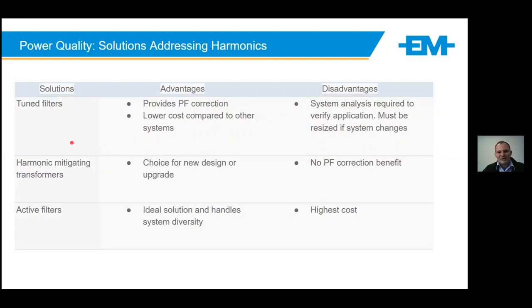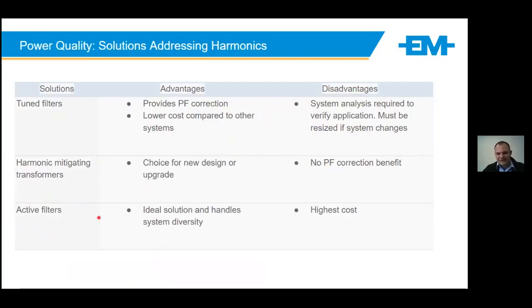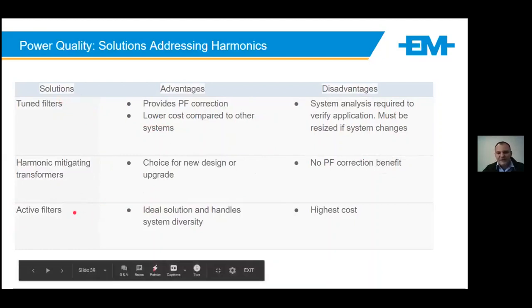Then there are harmonic mitigation transformers, which would be in new designs, with no power factor correction benefits. And then what we're pushing more and more is what we call active filters. These are ideal, but they are higher cost. Within our portfolio, it would be a tuned filter and an active filter.